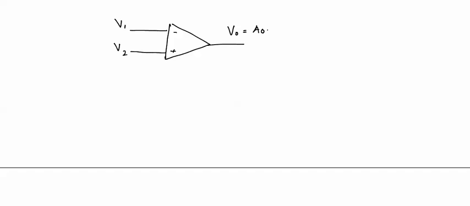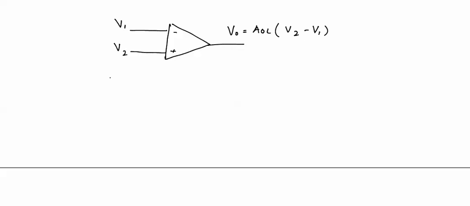So we have already discussed that if we apply two voltages at the input, V1 voltage at the inverting input, V2 voltage at the non-inverting input, it generates an output which is equal to AOL, open loop gain, into V2 minus V1. Basically it amplifies the difference in the voltages applied at the input.